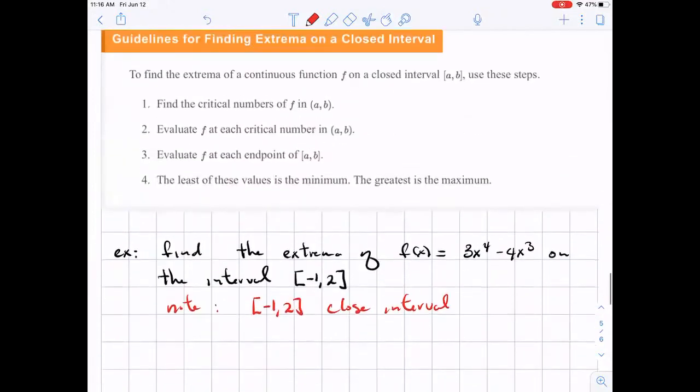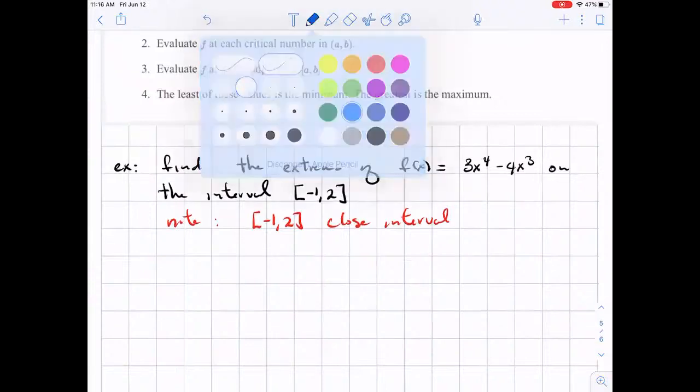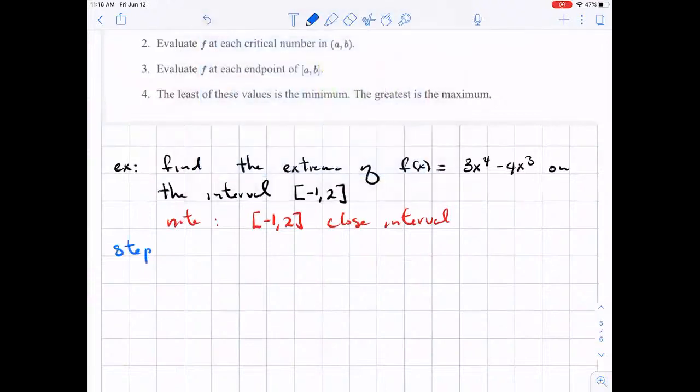So if we go find the critical numbers, first, step 1. So f prime of x will be equal to 12x cubed minus 12x squared.